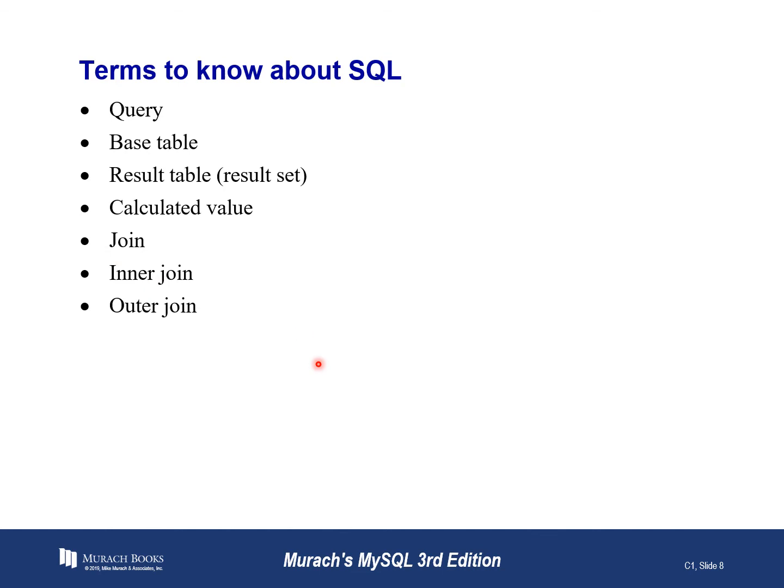So I already explained what a calculated value is. And then we talked about joins very briefly, but joins basically allow you to combine data from 2 or more tables into a single result set. Okay, so unlike the query which only gets data from one table, you can do a join query which would get data from multiple tables.